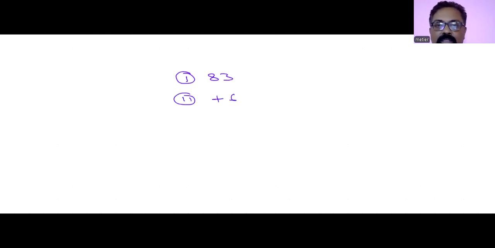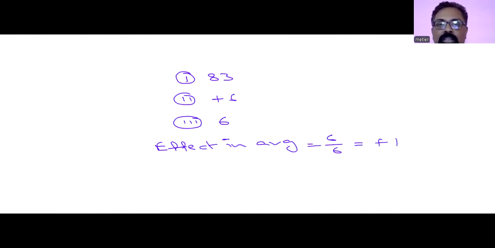Point 3 is the final number 6. So the effect on average will be 6 by 6, plus 1. So the new average is nothing but 83 plus 1, 84.